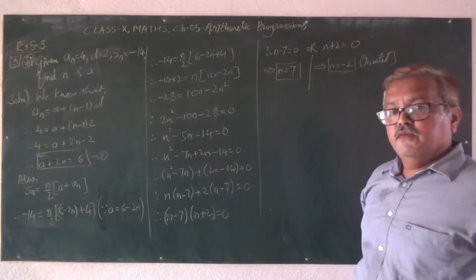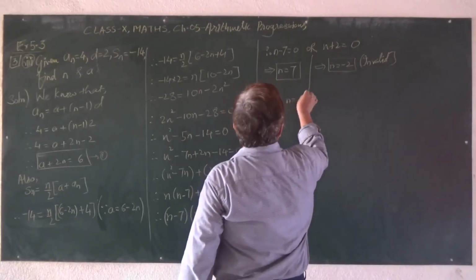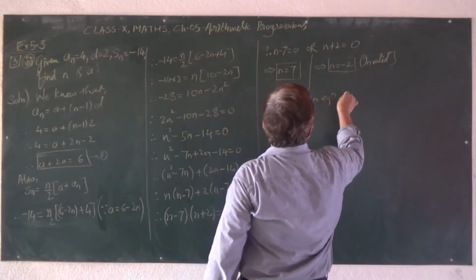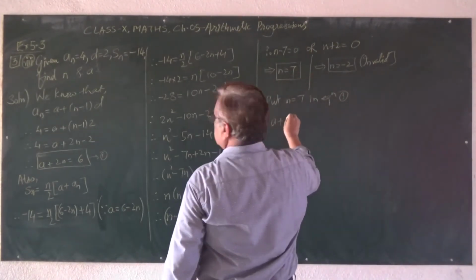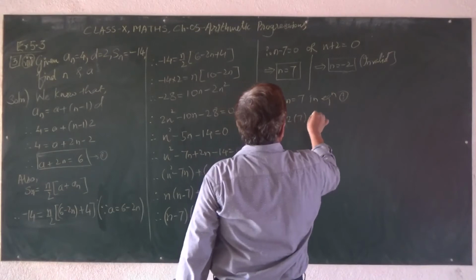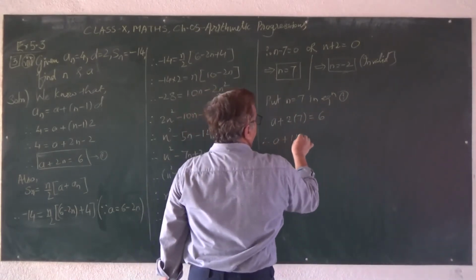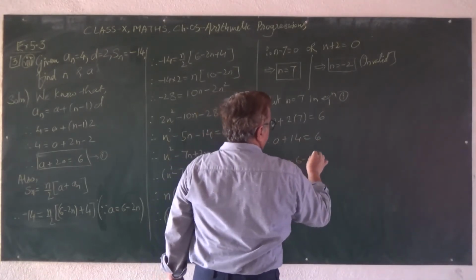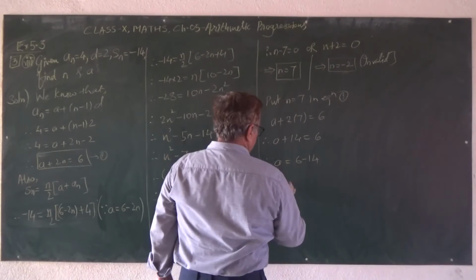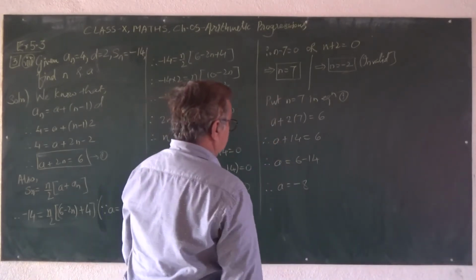So use equation 1. Put n is equal to 7 in equation 1. So a plus 2 into 7 is equal to 6. Therefore, a is equal to 6 minus 14, and therefore a is minus 8.